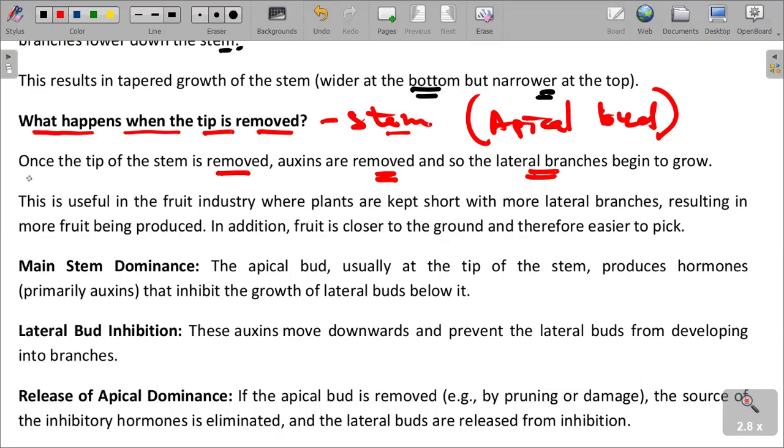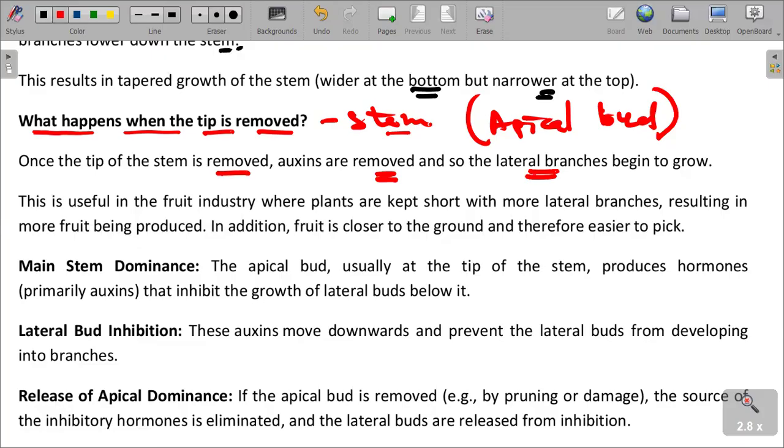This is helpful, and therefore one key idea and concept that you need to understand is that removing the tip of the stem, the apical bud, cutting it off, is a very advantageous practice in terms of agriculture. It is mostly used in citrus plants and so forth, in the fruit business.